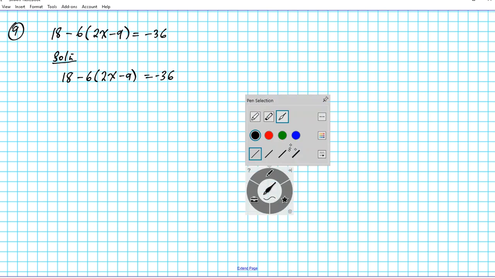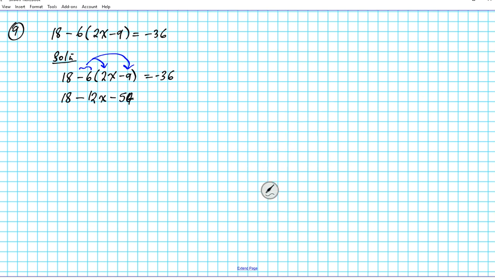So we are going to distribute negative 6, taking the number and the sign, to 2x and negative 9. If we carry out the distribution, you have 18 minus 12x, and then minus 6 times negative 9 is negative 54, equals negative 36.